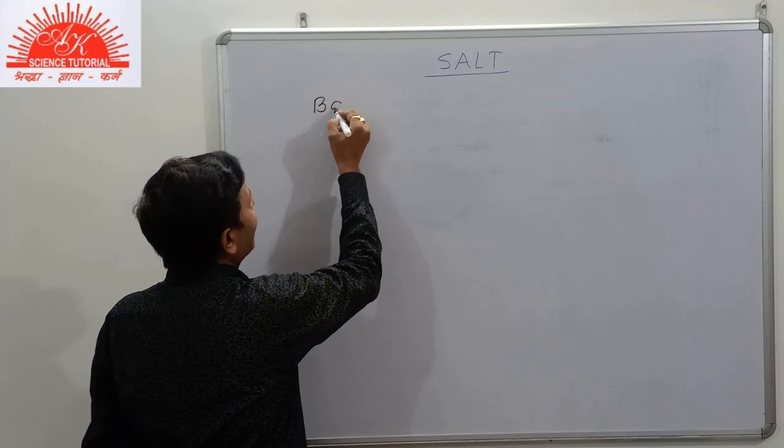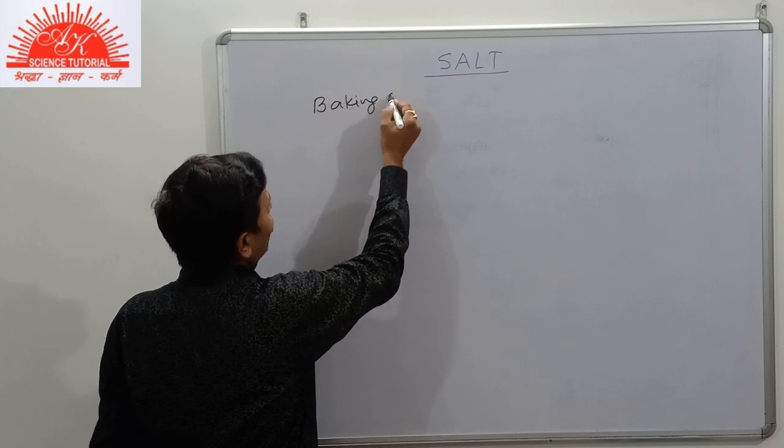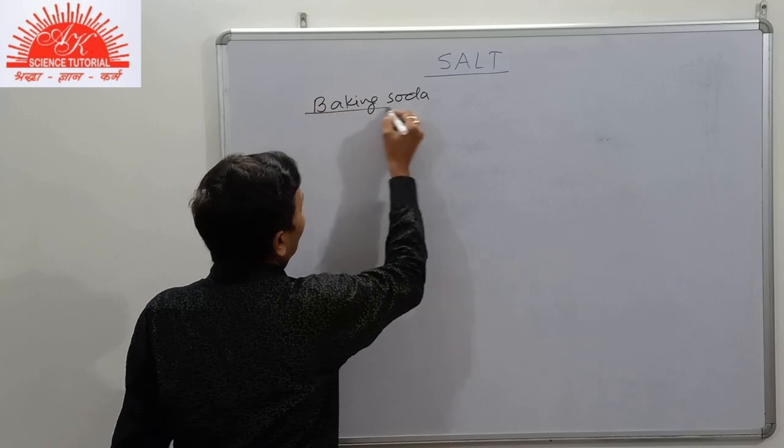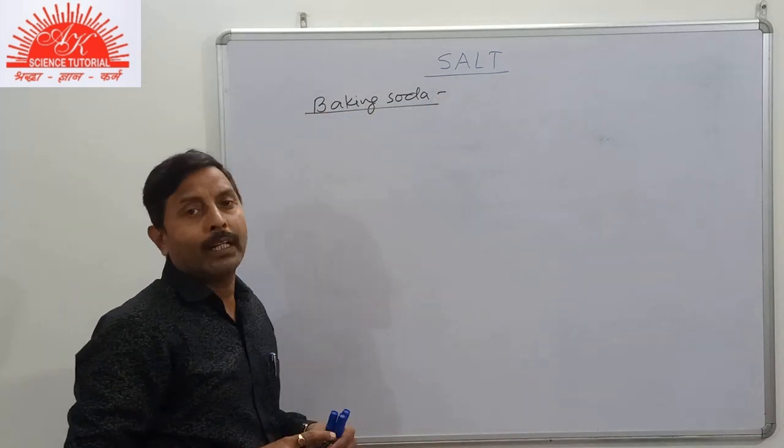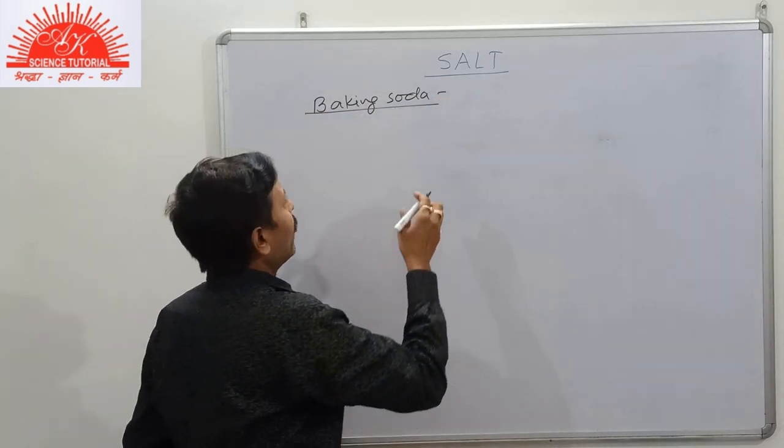The next heading is baking soda, the next compound obtained from the raw material common salt, that is sodium chloride.